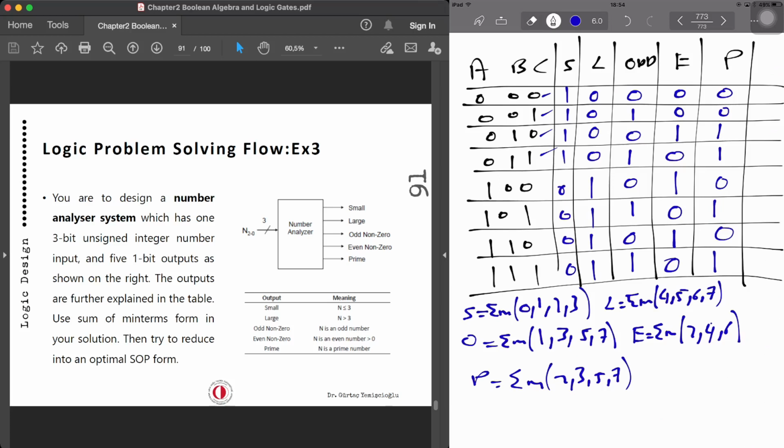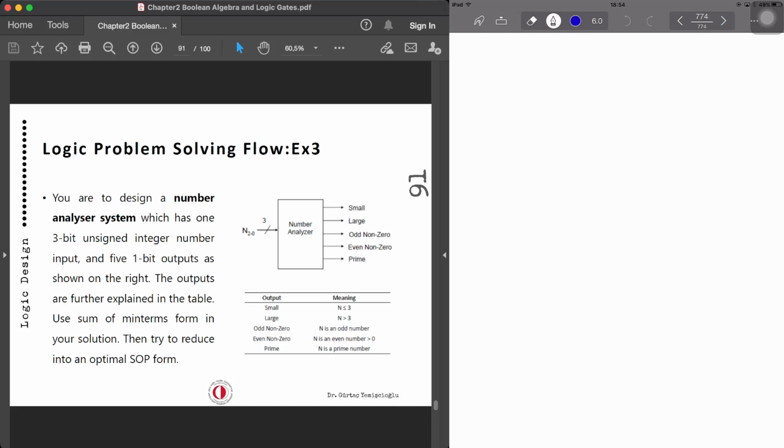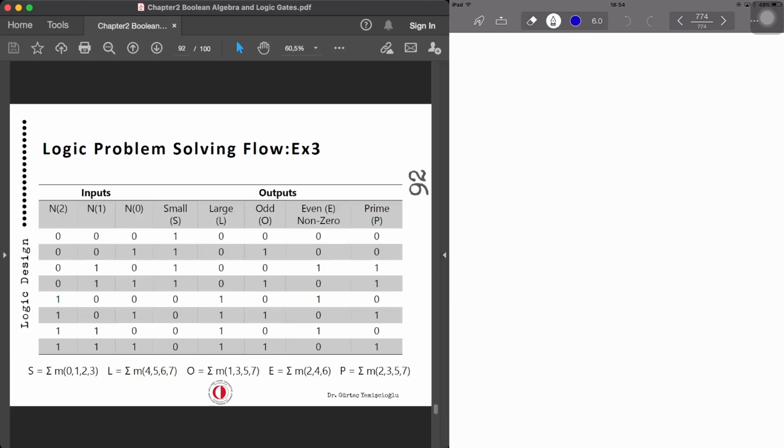When you look at these expressions, we can derive the expressions for them as well. For small, large, odd, and prime, if you factor out the common variables, like x prime plus x, we are always going to get 1 from it to reduce it.